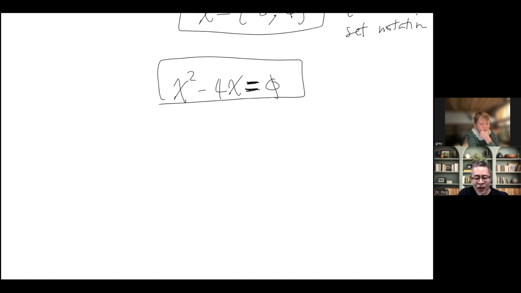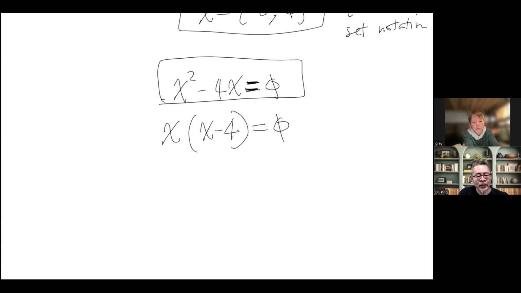We know that x cannot be 1, because 1 minus 4 is negative 3, not 0, so that's not the solution. We can do some guessing, but we can do better than that. We can move x out, and we get x times (x minus 4) equal to 0.